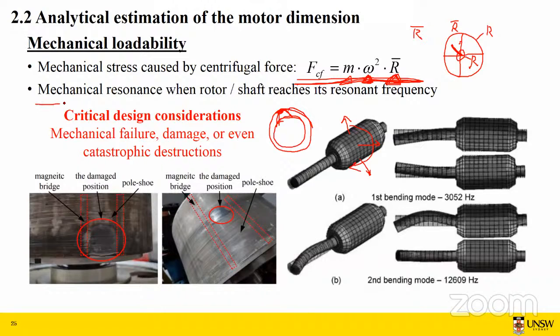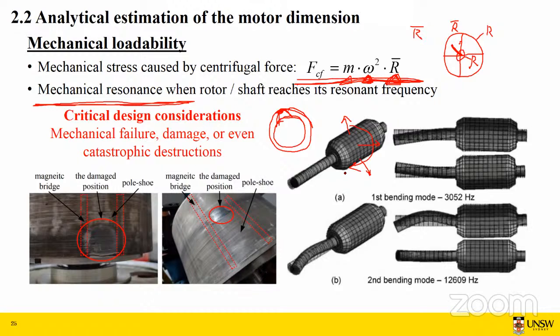The other case is we need to consider the mechanical resonance. When the shaft or the rotor rotates, it will start to vibrate dramatically when it reaches its natural resonant frequency. The vibrating frequency of the rotor normally increases proportionally with its speed, so the higher the speed, the easier it is to reach the resonant frequency.